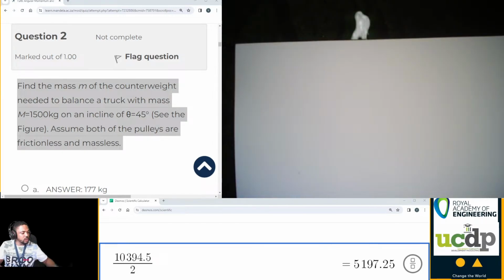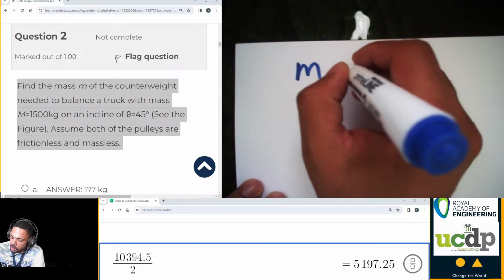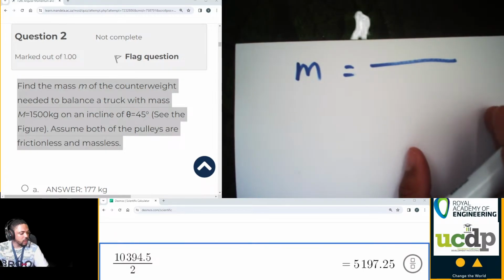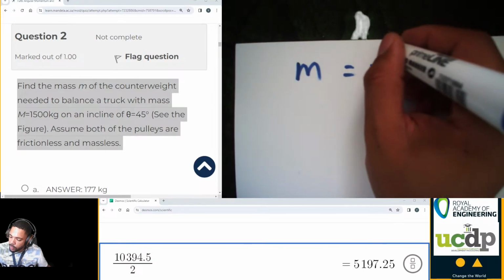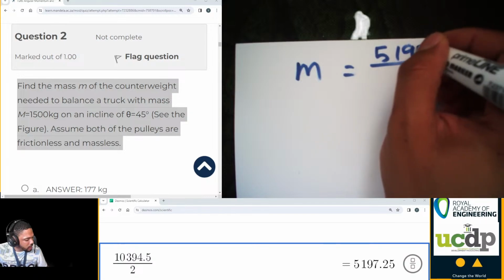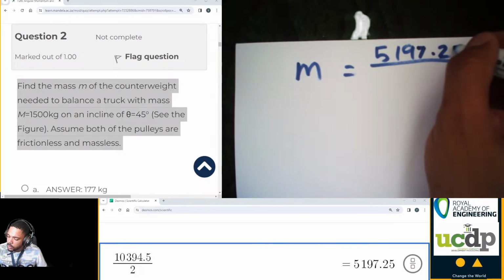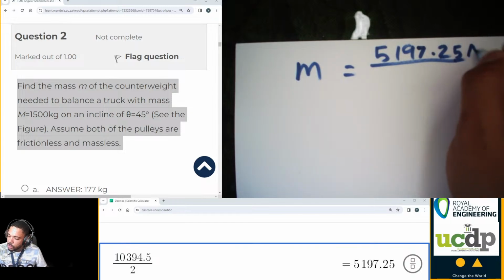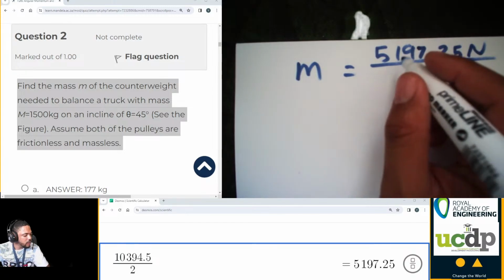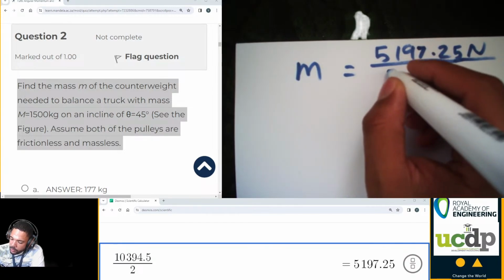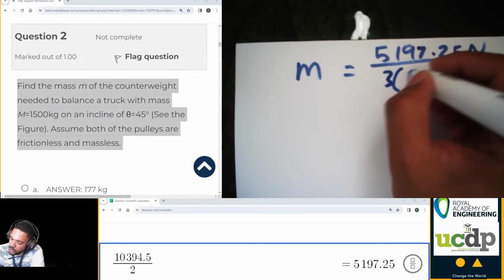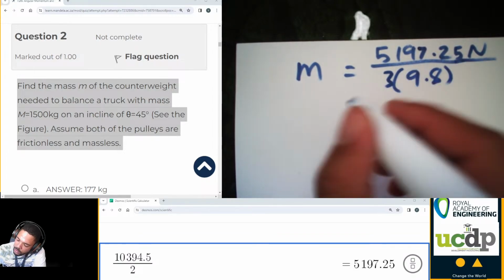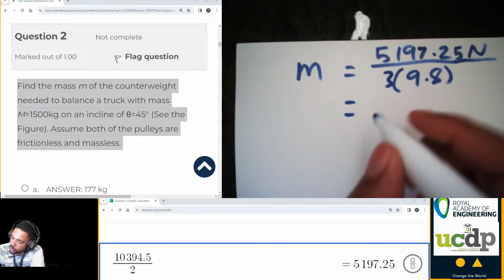So the mass is equal to 5,197.25 newtons divided by 3 times the gravitational acceleration of 9.8 meters per second squared.